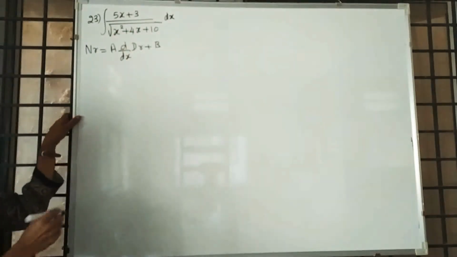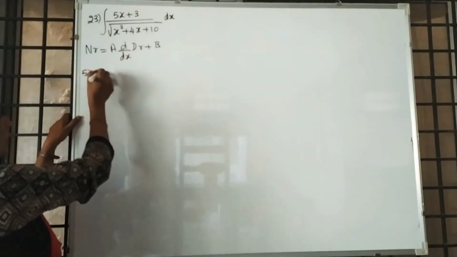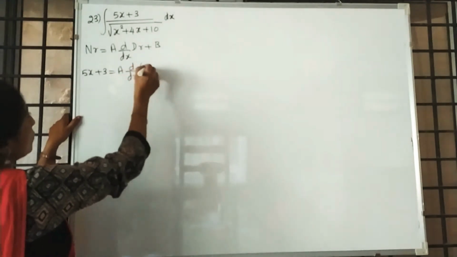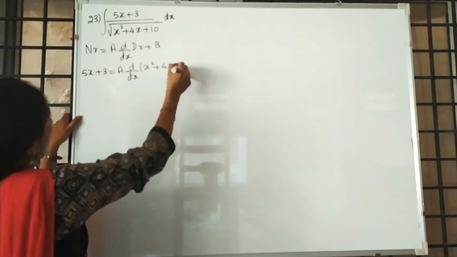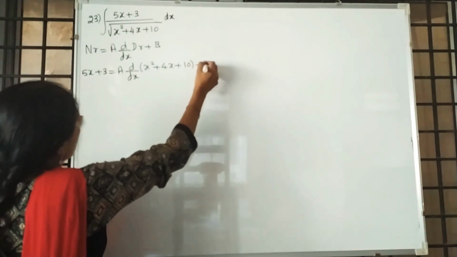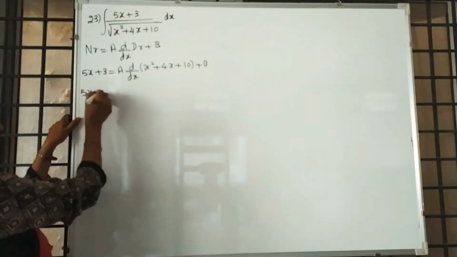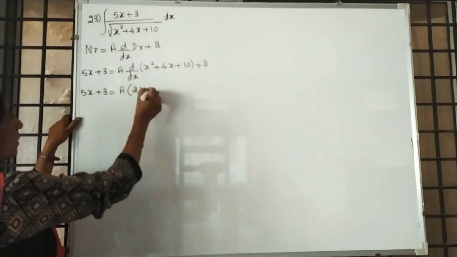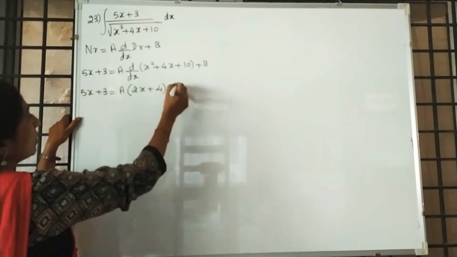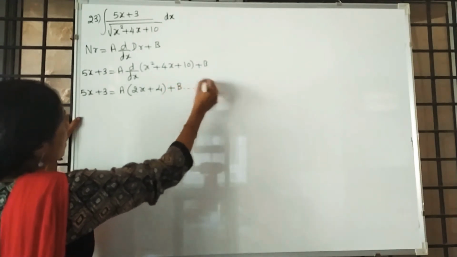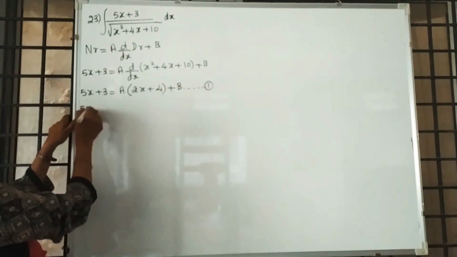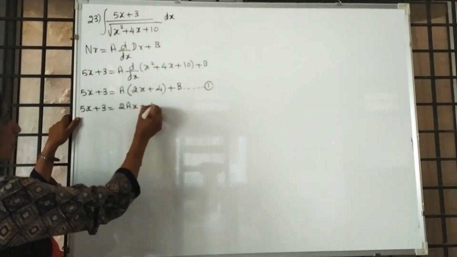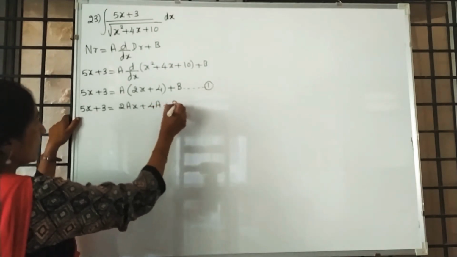Denominator means without root we have to write. 5x plus 3 equals a into differentiation of (x square plus 4x plus 10) plus b. 5x plus 3 is a, differentiation of x square is 2x, 4x is 4, plus b. This is equation 1. Then remove the bracket. 5x plus 3 is equal to 2ax plus 4a plus b.